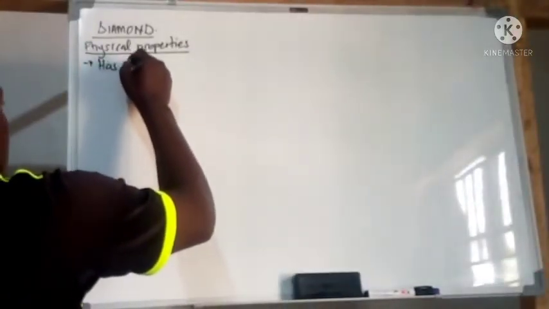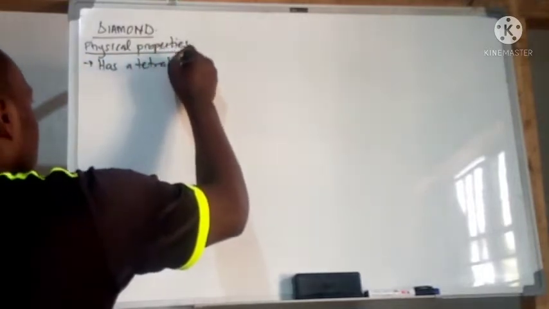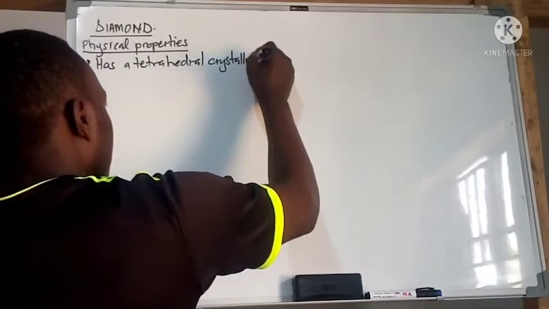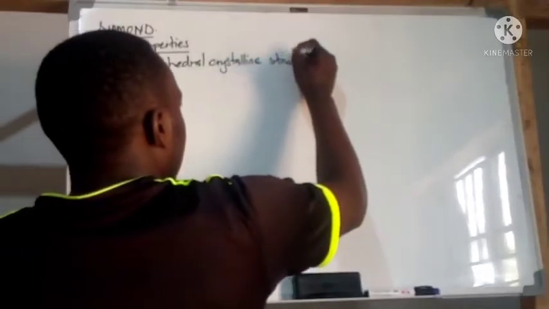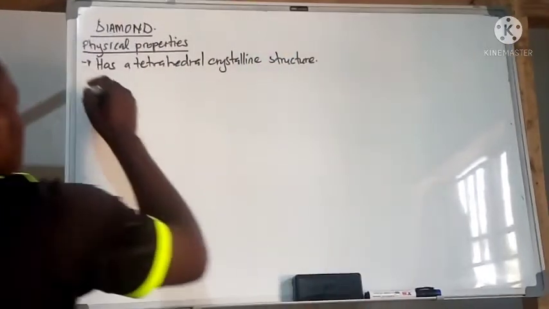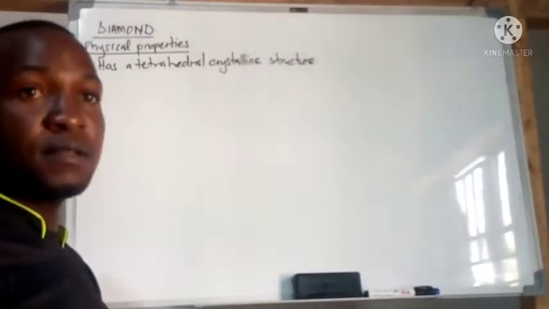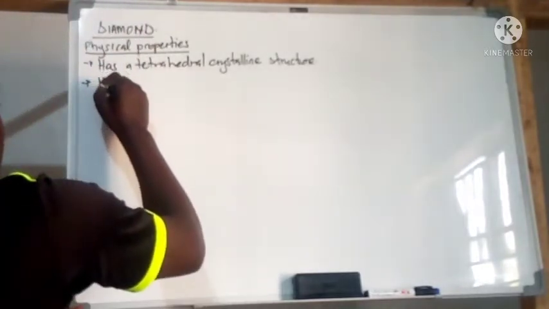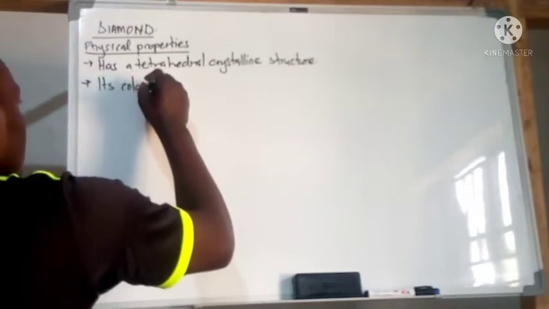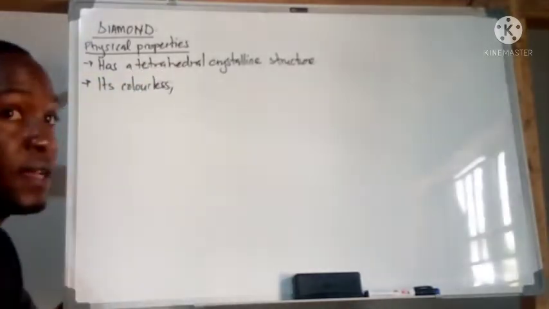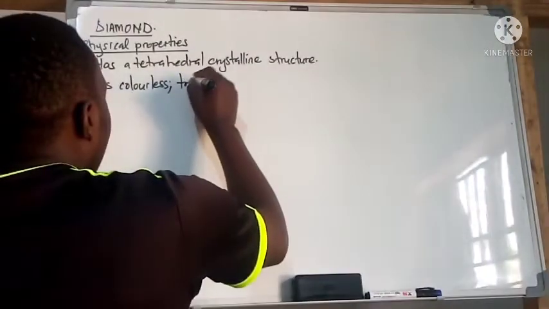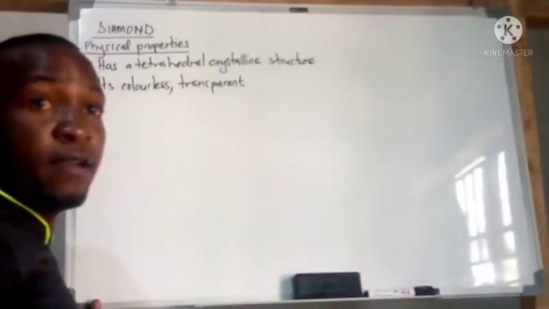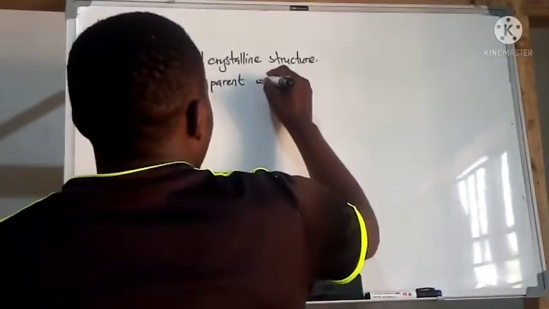So it has a tetrahedral crystalline structure. Number 2, you've identified that these kind of stones are colorless. And because of being colorless, these stones are transparent. They are transparent with a shiny appearance.